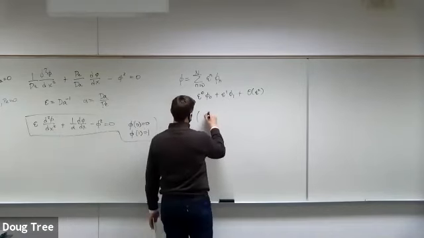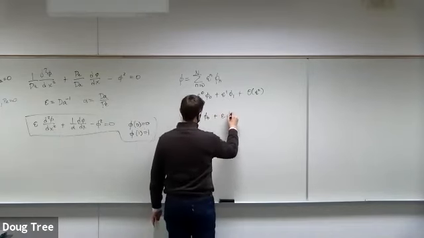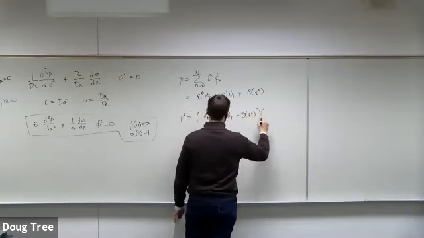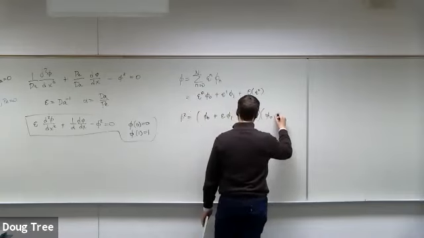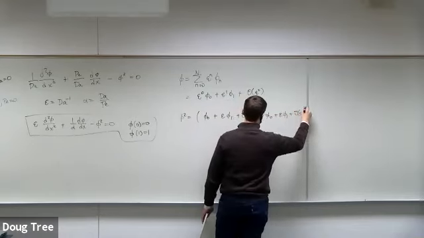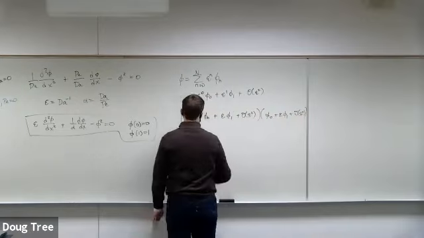So I'm going to have phi 0 plus epsilon phi 1 plus order epsilon squared, multiplied by phi 0 plus epsilon phi 1 plus order epsilon squared.